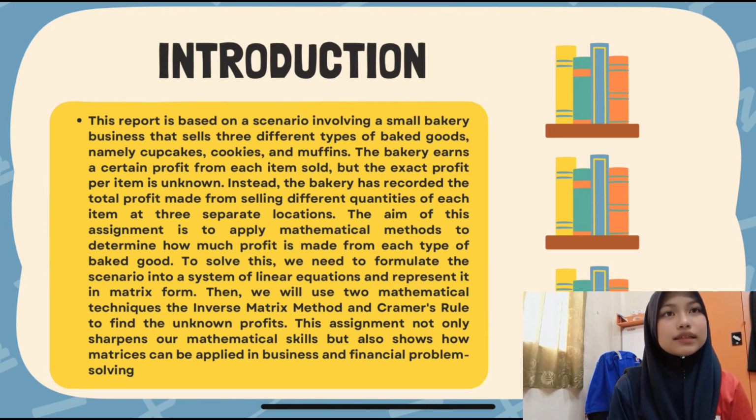The aim of this assignment is to apply mathematical methods to determine how much profit is made from each type of baked good. To solve this, we need to formulate the scenario into a system of linear equations and represent it in matrix form. Then, we will use 2 mathematical techniques, which are the inverse matrix method and Cramer's rule, to find the unknown profit.